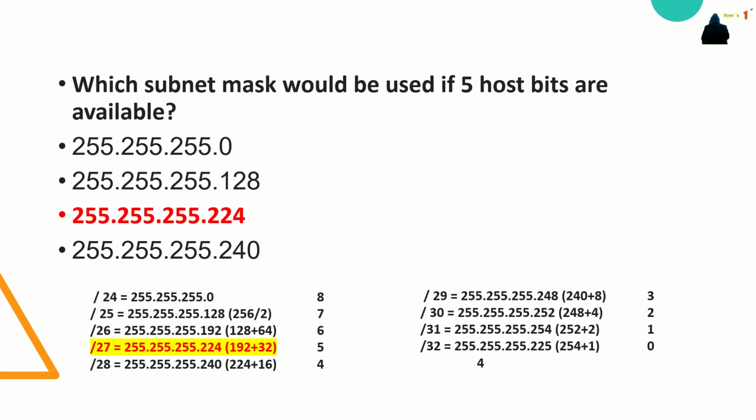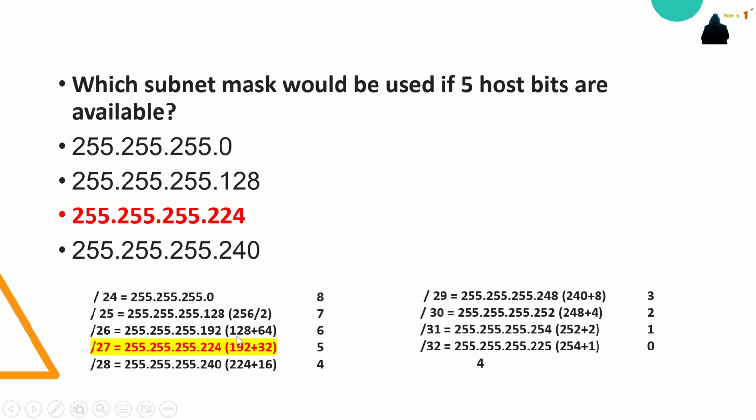For /25, you should write 255.255.255.128. How can you calculate it? Because you should write 256 subtracting 2. And what about /26? For /26, the next should be 192.